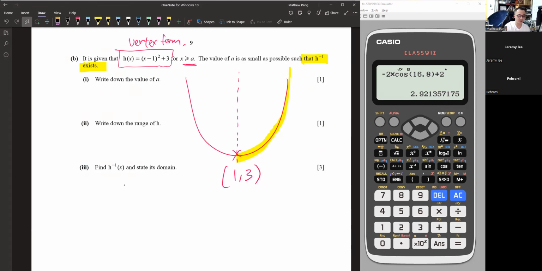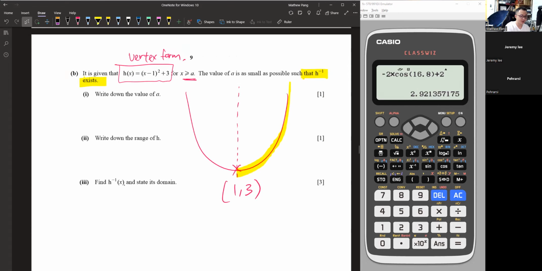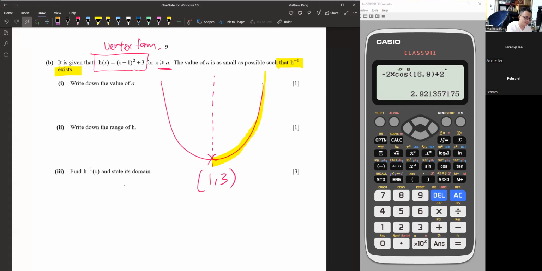If you do the horizontal line test here, you can see, oh my god, my pen is not working. Okay, never mind. What's wrong with my thing here? Did I press anything wrongly? Maybe I need to restart my thing.